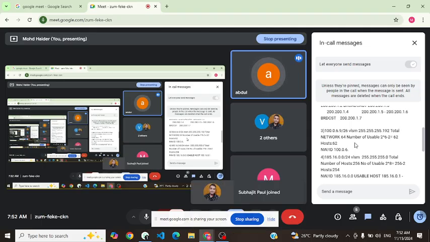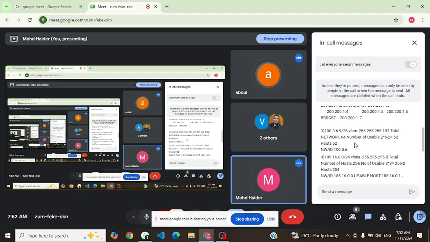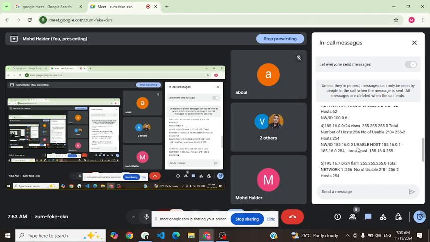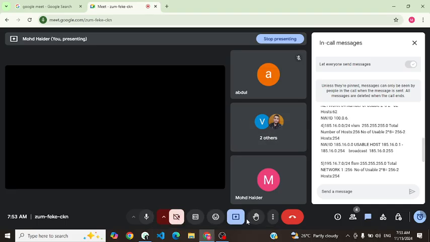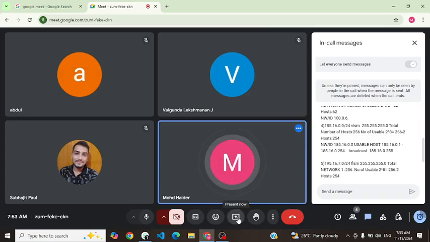Except the network ID, right? Yes, the networks. And you have not written the block size also. Can you share your screen? You guys are not following the formula.